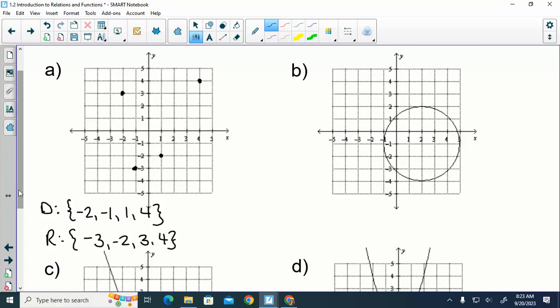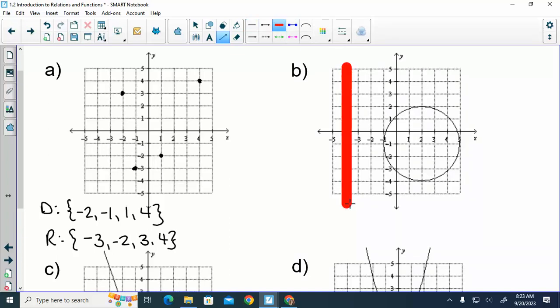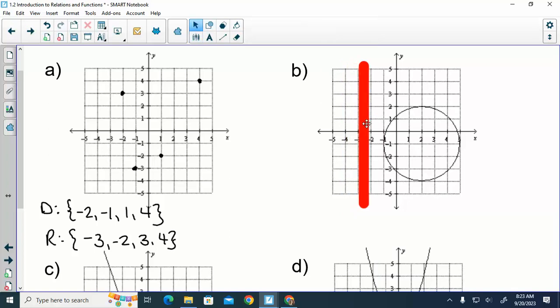B. Will I list all the values or do an interval on this one? We would do an interval. Okay, so domain. We're thinking from left to right. Okay, so if I'm taking this line, going from left to right, where does it first hit my graph?